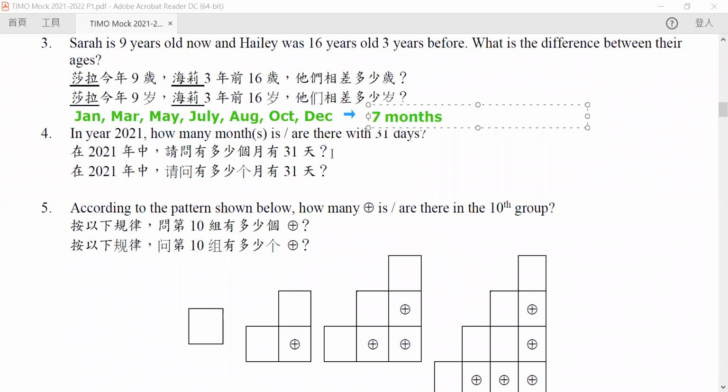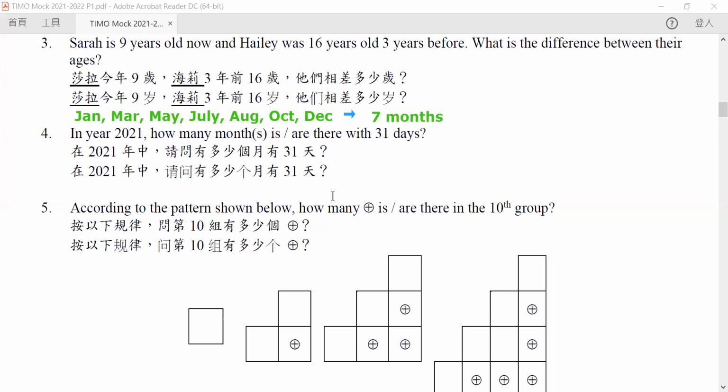Now it will be very useful for you to know this kind of common knowledge, because later on we need to count how the day of the week changes when time passes. For example, a typical question is: today is 27th of March, so what is the day of the week for 27th of December?